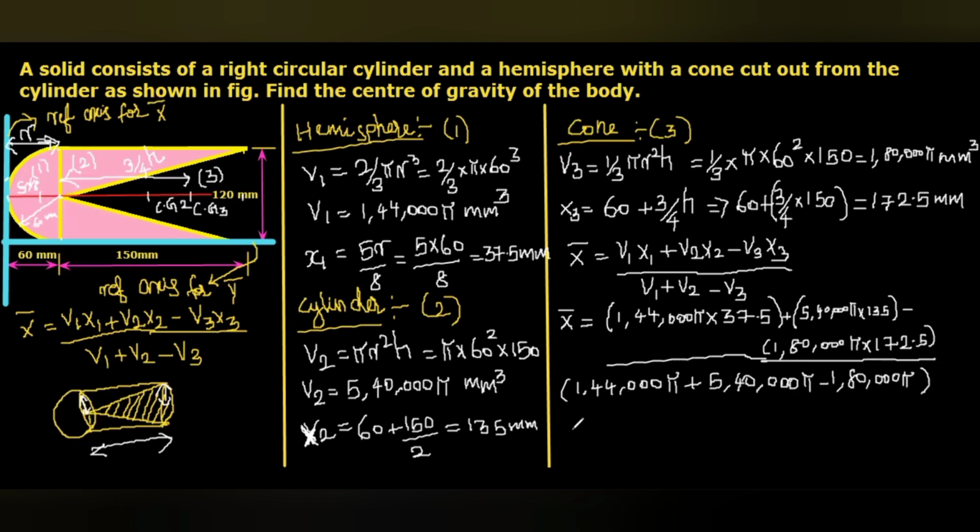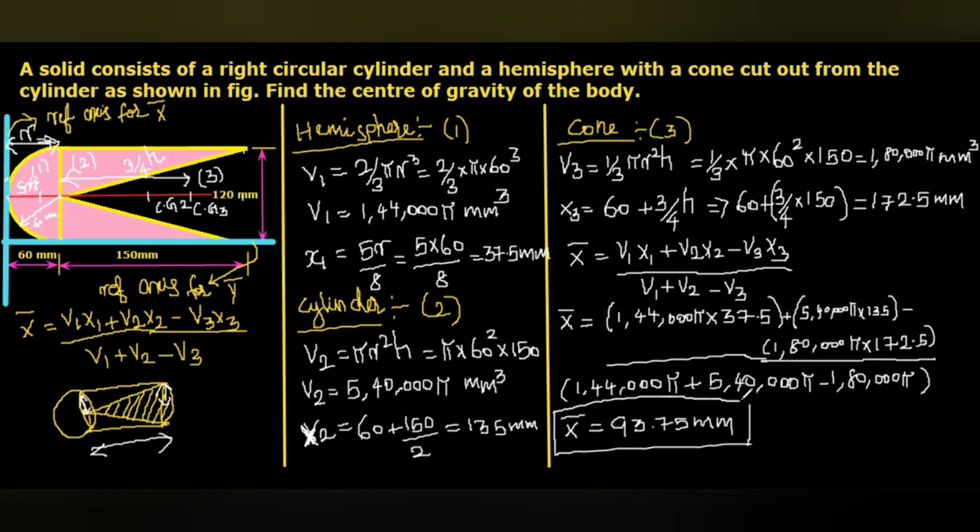Then further simplification, we will get the value of x bar, that is 93.75 mm. So this is x bar of the given section.